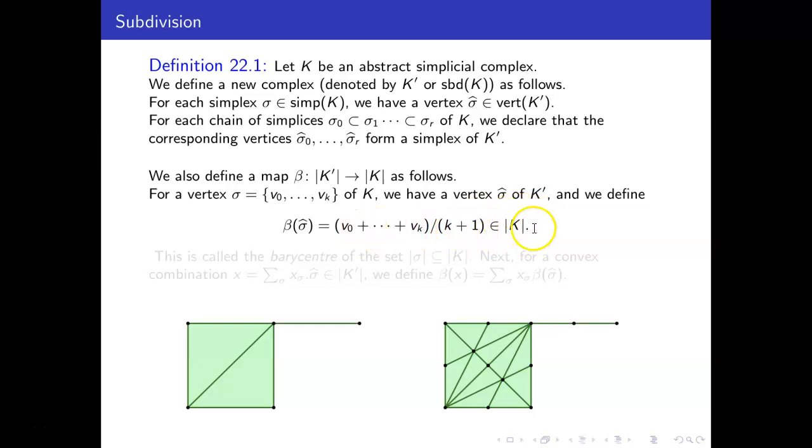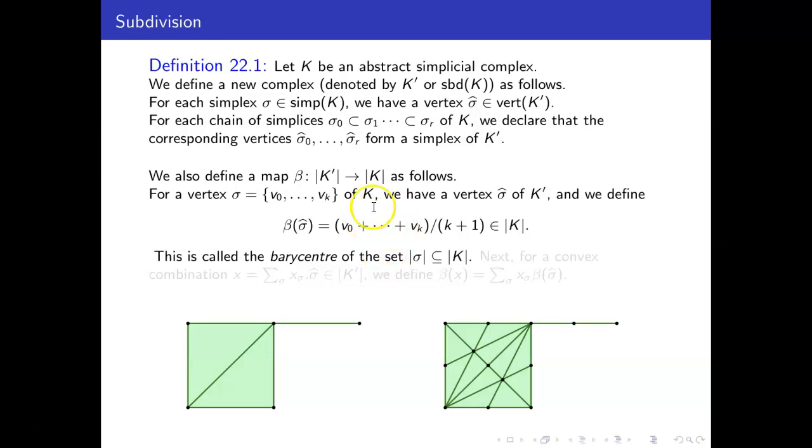So that's a point in the geometric realization of K. It's a formal linear combination of the vertices of K, in which all the coefficients are non-negative and add up to 1. And the set of vertices that have a positive coefficient has to be a simplex, but of course that's true here. The relevant set is just V0 up to Vk, which is our simplex sigma. Okay, so this is called the barycenter of sigma.